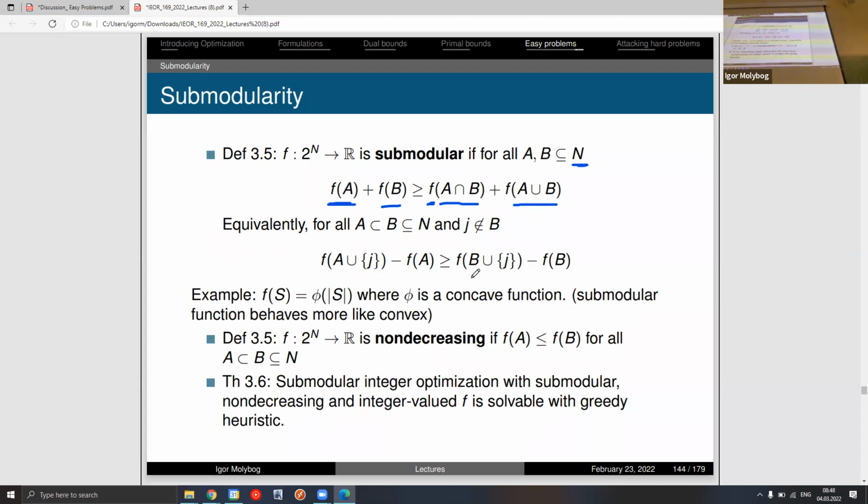But if you don't have much, then bringing in something new might actually make a difference. From this perspective, a submodular function behaves more like a concave function, but from the perspective of optimization, it's actually more similar to a convex function.